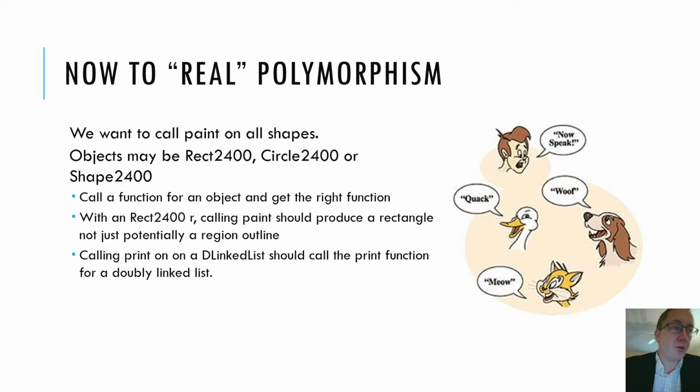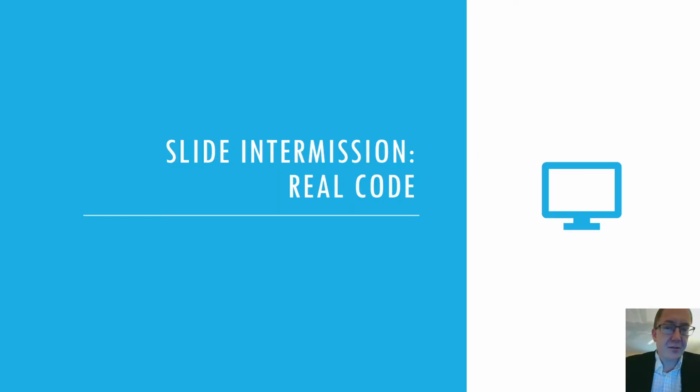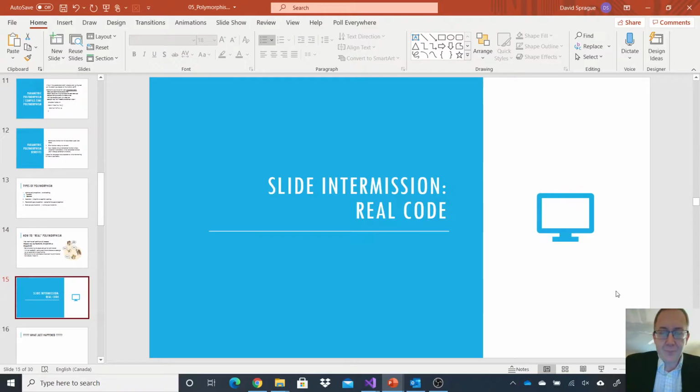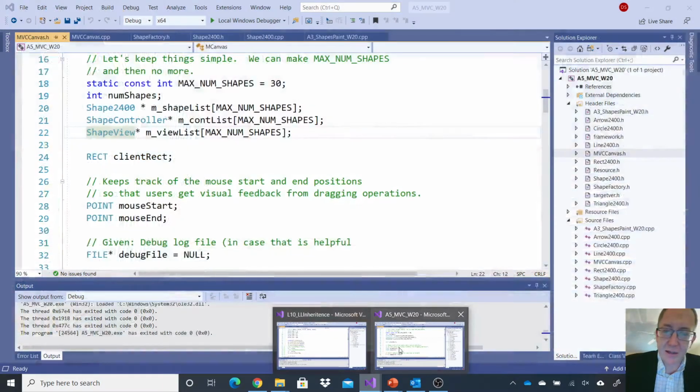Essentially, if we don't know what type of object it is, and we just say it's the parent type, we don't want the generic format of it. So let's actually have a look at this. Hopefully it'll be a bit more obvious when we actually do this.